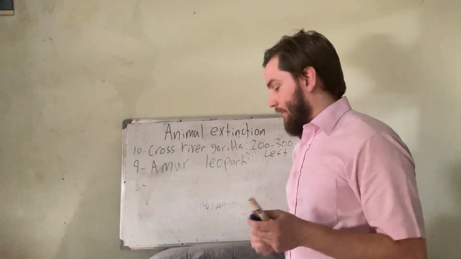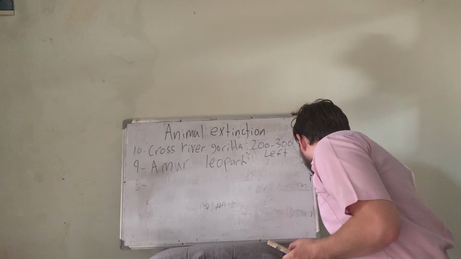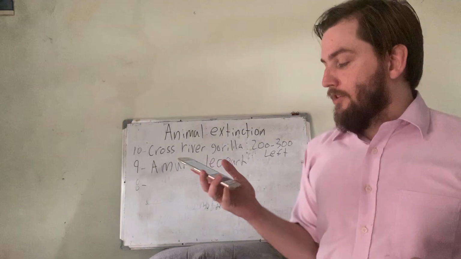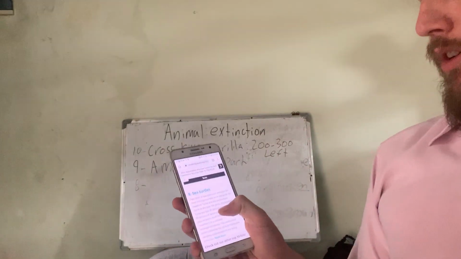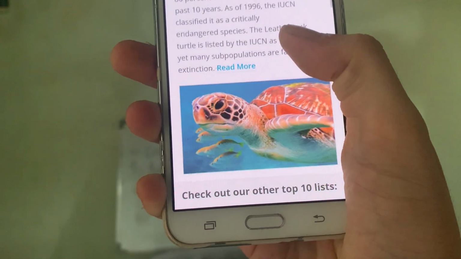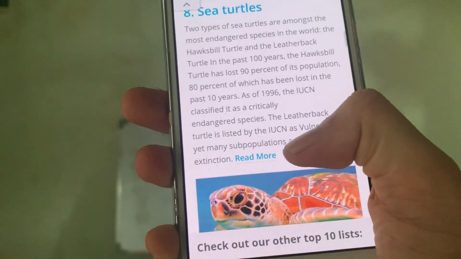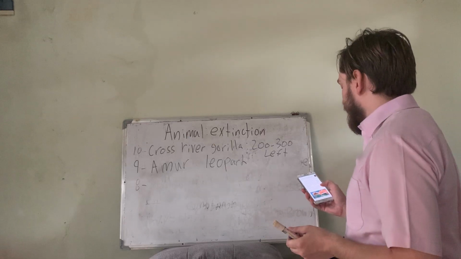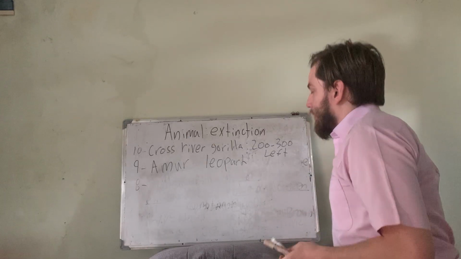I'll tell you about that as soon as I'm done showing you all the animals that are becoming extinct. Sea turtles. So here you go. There are all these types of sea turtles that are going extinct.